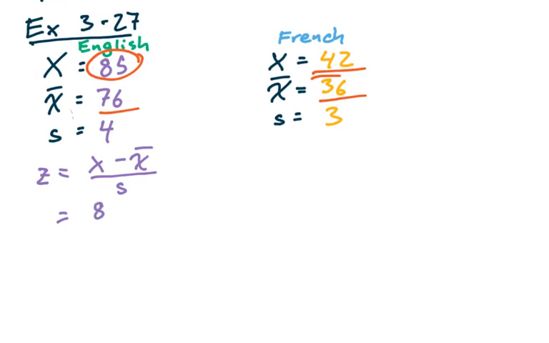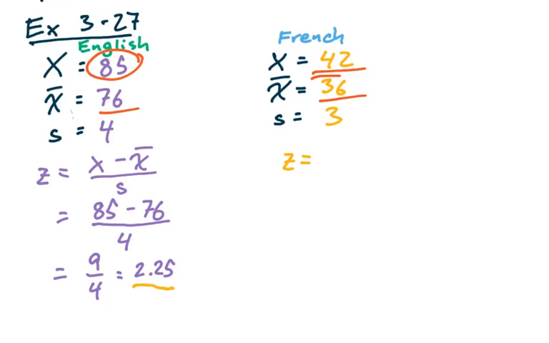All right, so this is 85 in place of X, minus 76 in place of the class average, all divided by 4. So we'll work this out. Punch that into the calculator, and it reduces down to 9 divided by 4, so the Z-score for the English exam is 2.25.